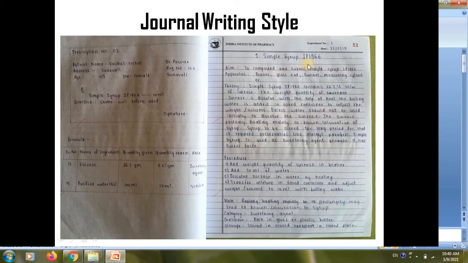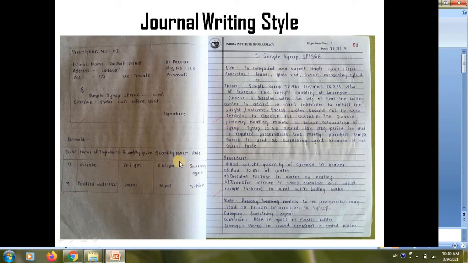In the aim there should be written how much you have to prepare. But the quantity given is for 100 ml, so we have to convert this quantity for 10 ml. For 100 ml it requires 66.7, so for 10 ml, that is 6.67 gram.